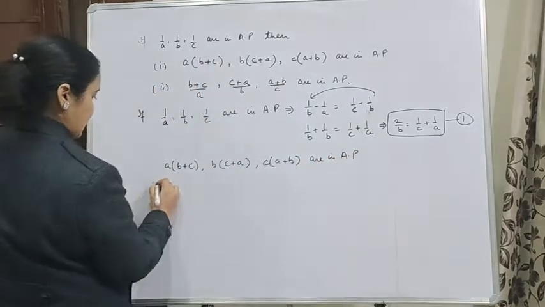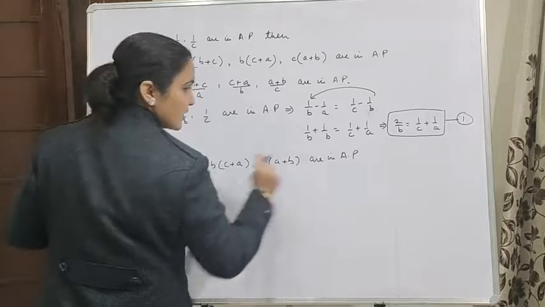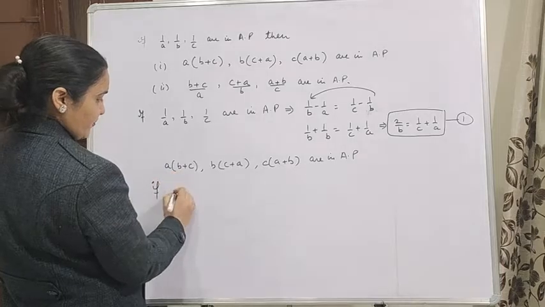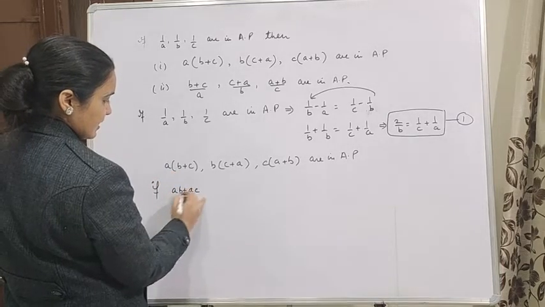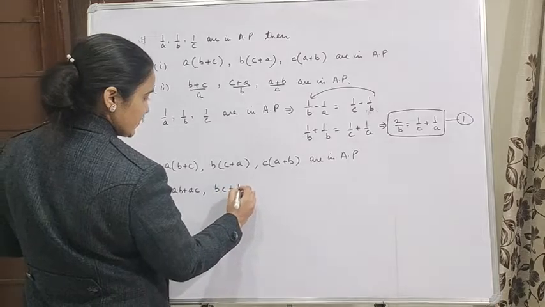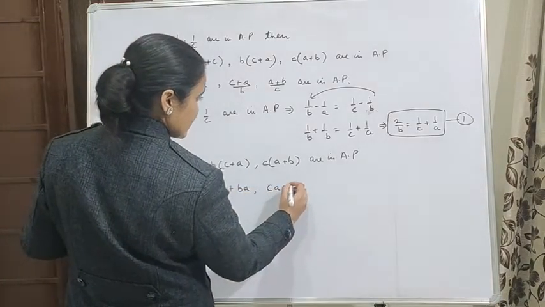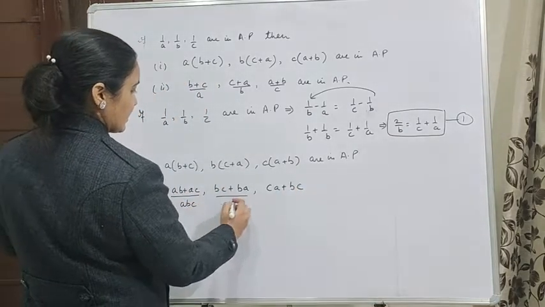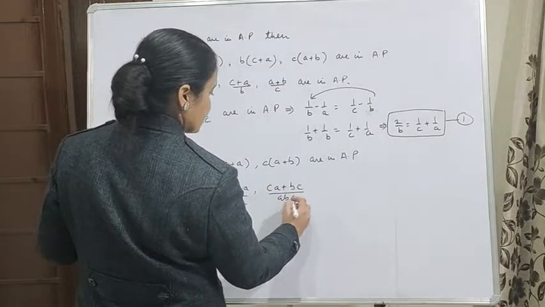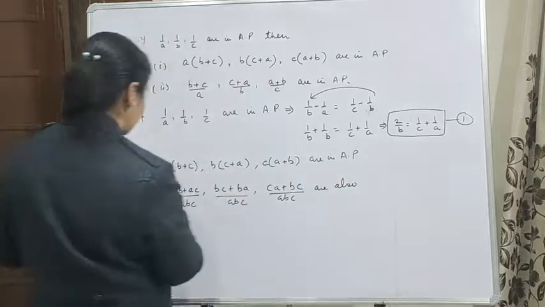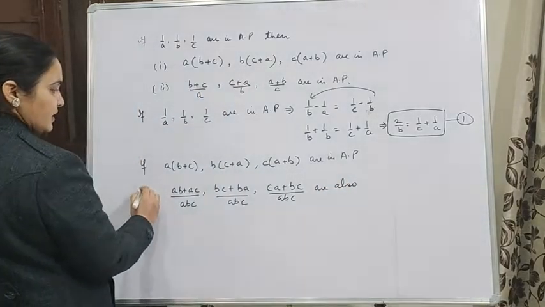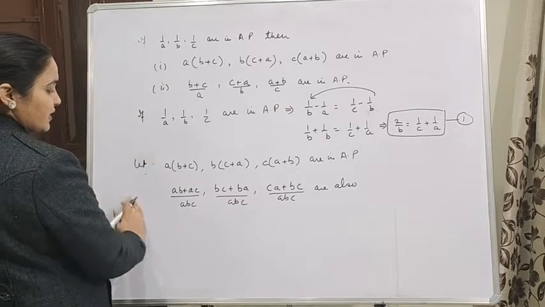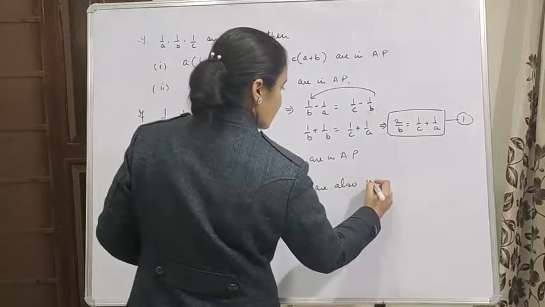If AB plus AC, BC plus BA, CA plus BC, divided by ABC, ABC, ABC are also in AP, if this is in AP, then this will imply this is also in AP.